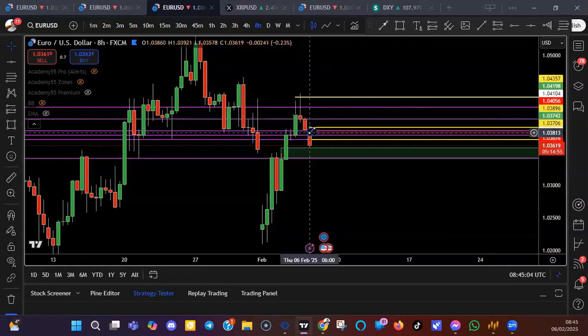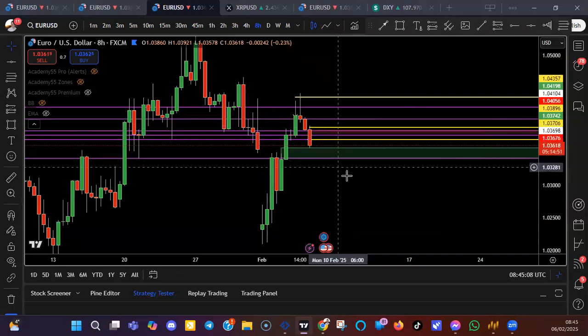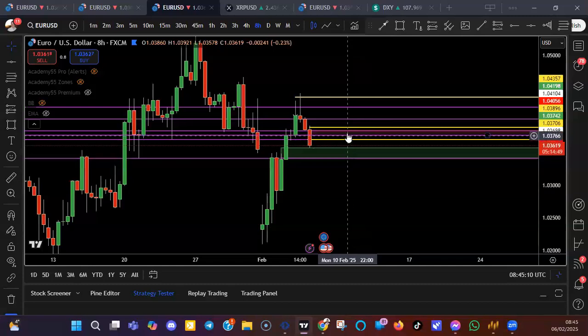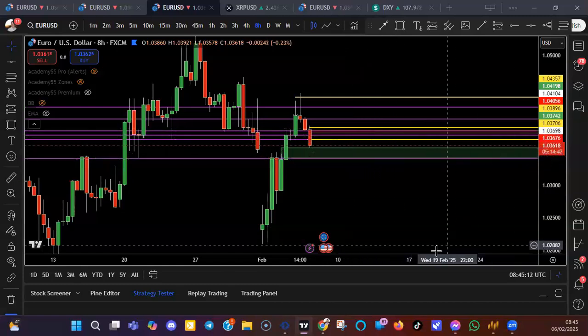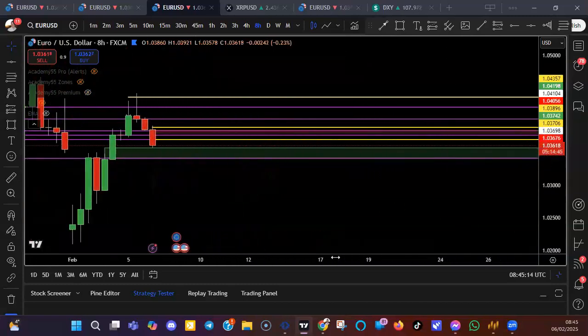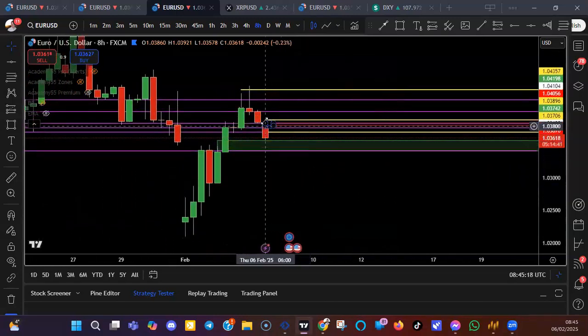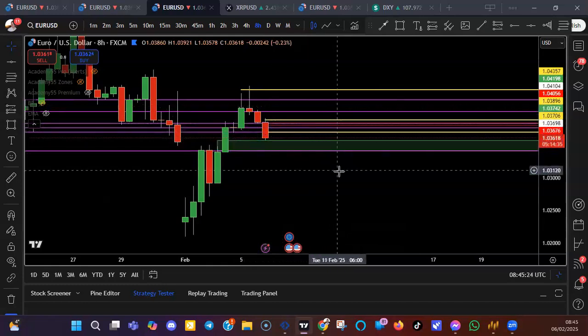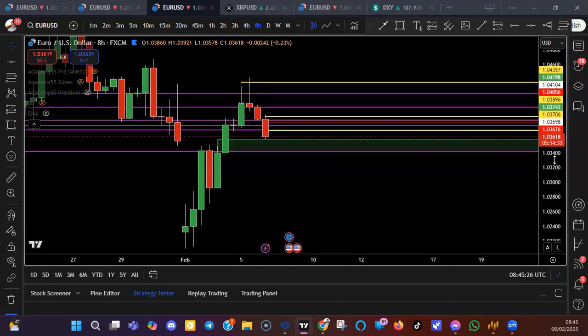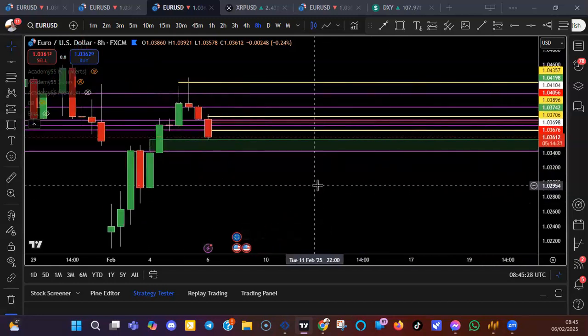Usually when you have all this, most of this is the Asian session. Usually the Asian session is to hold price up. And usually what happens is if it's been selling during the Asian session, usually during the London session it'll be buying. But it hasn't worked out that way today.